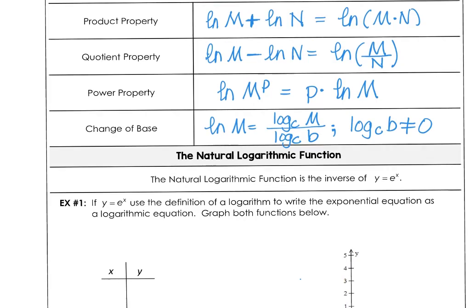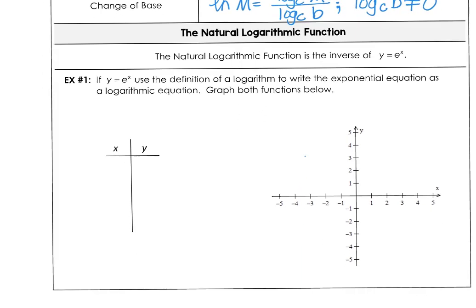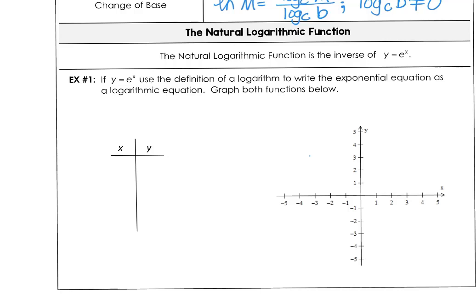So let's look at the graph of y equals e to the x and see how it is the inverse of the natural log, how they're inverse functions of each other. So if we use the table y equals e to the x, when x is 0, e to the x is 1, and using my calculator, when x is 1, e to the 1 is about 2.7, and when x is 2, e squared is about 7.4.